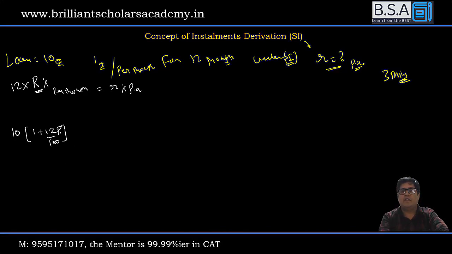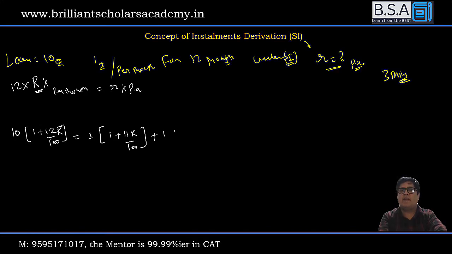12 times R. When at the end of January you make the first payment, that X rupees will increase 11 times. X is 1 rupee. The installment is 1 rupee. That will increase 11 times.